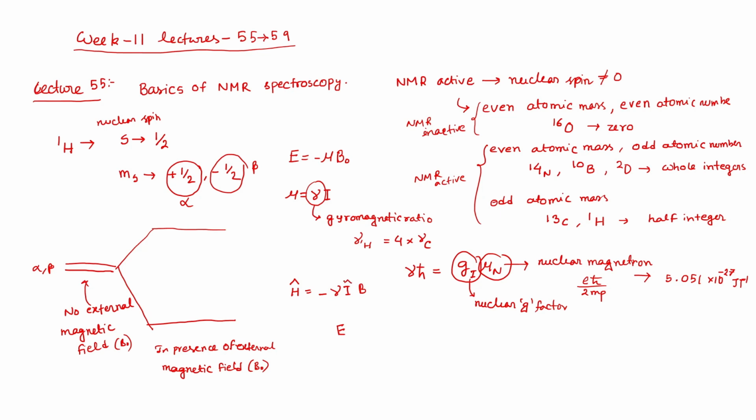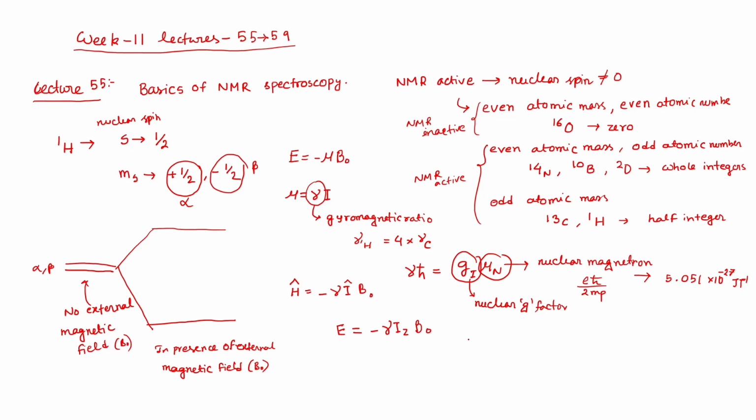Now if you consider that the magnetic field we are giving externally is only along the z axis, then it will only interact with the z component of that moment I. So the energy is going to be minus gamma I_z B0, right?